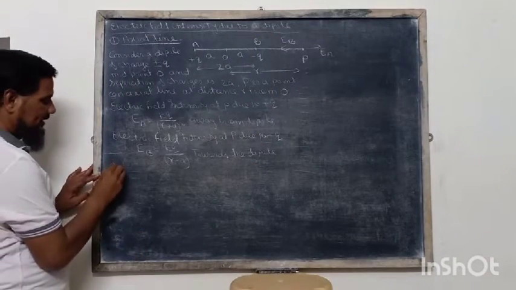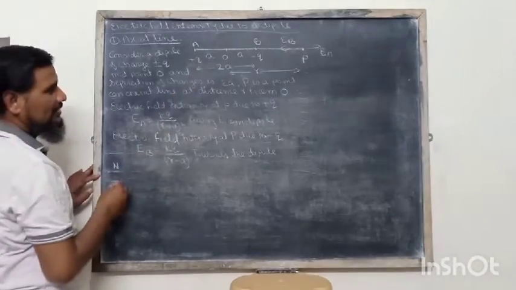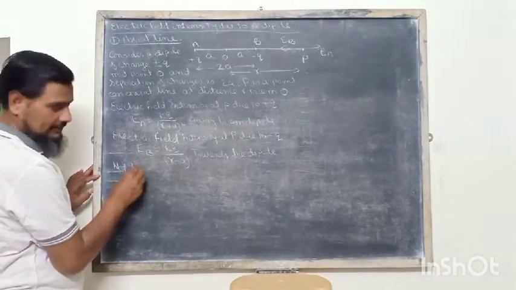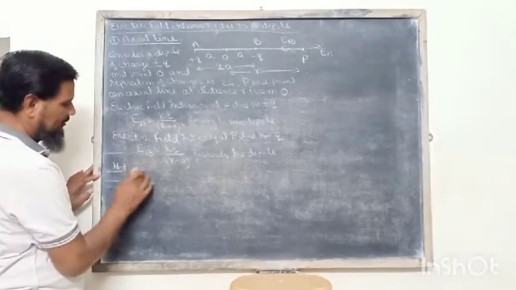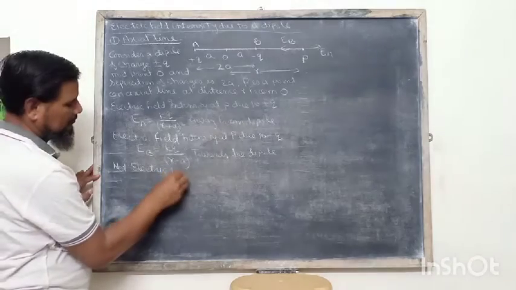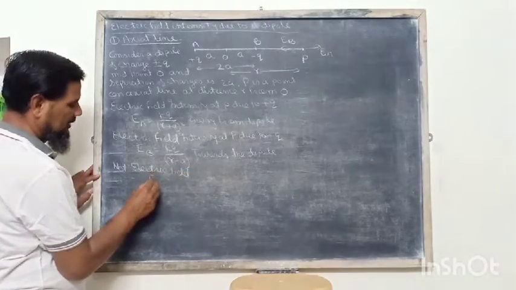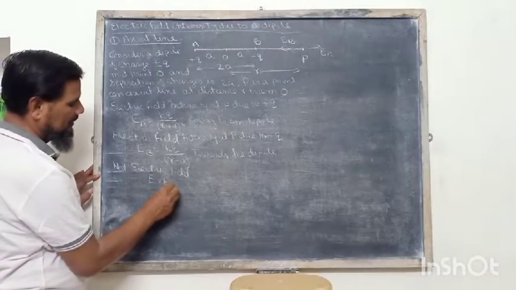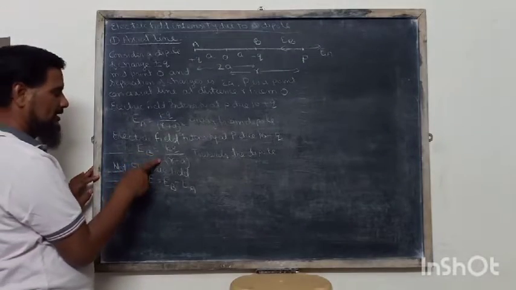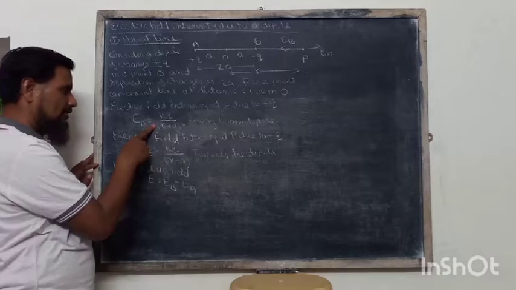Then the net electric field, because both electric fields are opposite to one another, E is equal to EB minus EA, because this value is greater and this value is smaller, so we subtract.